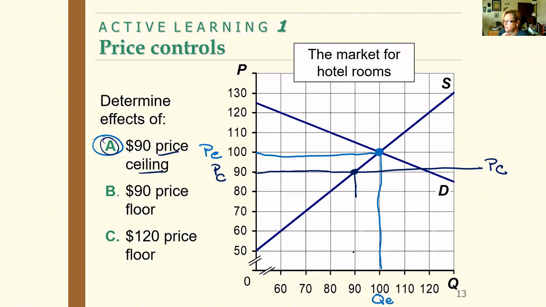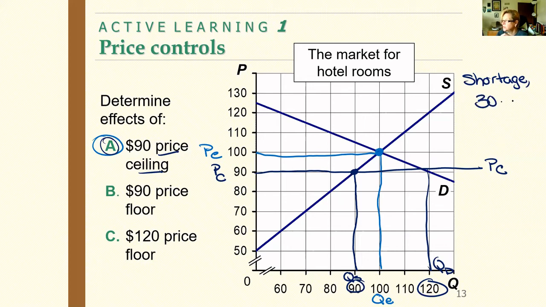So essentially, we have the quantity supplied at 90. We have the quantity demanded at 120. And we call that a shortage. And again, I need both parts of this. It's a shortage of 120 less 90, 30 units. Okay, so that's the effect of the $90 price ceiling.